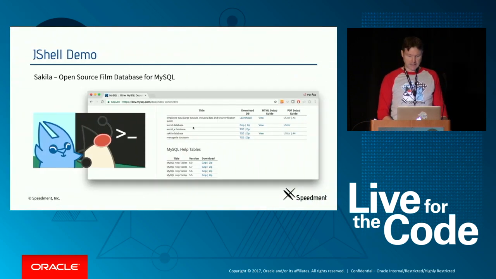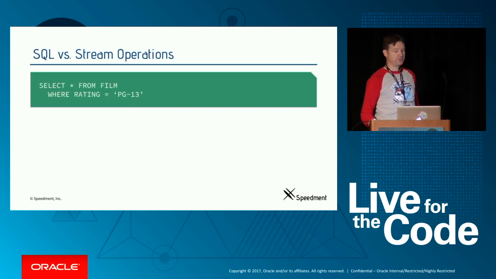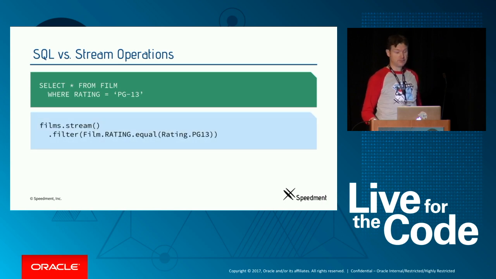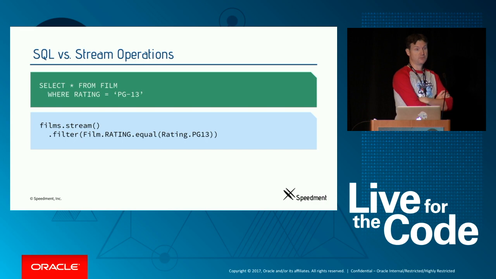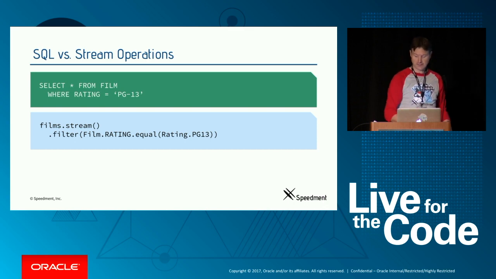Okay, so let's get back. So that was the demo. Of course, if you compare SQL and stream operation, they are kind of similar. In the first example, it's a SQL query saying that we want all fields with the rating PG13. And in the second, we say basically the same in the stream, saying that we have a stream where we filter out all the rows having a rating equal to PG13. So it's very similar in that case.